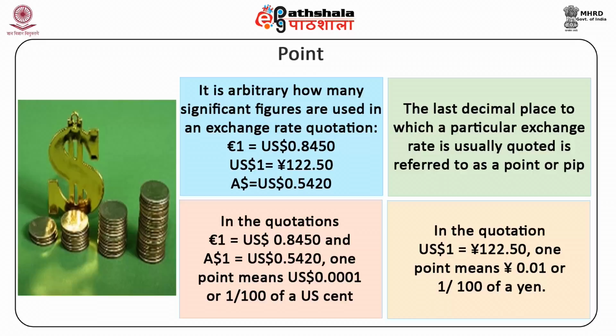Therefore, 0.0001 US dollar is equal to 122.50 divided by 10,000 yen, which is equal to 0.01225 yen. That is, a dollar point is worth more than a yen point.